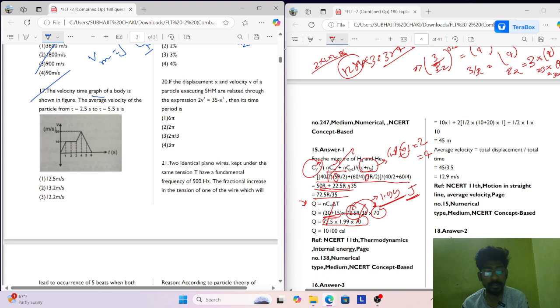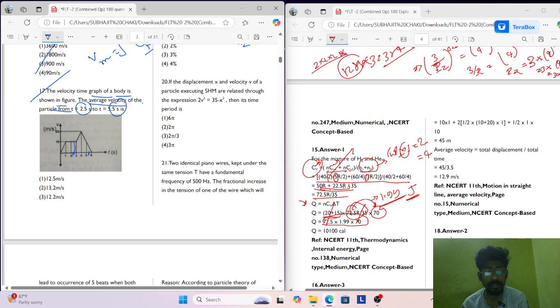17. The graph of a body is shown in the figure. Find the average velocity of the particle from 2.5 to 5.5. 2.5 is here, 5.5 is here.